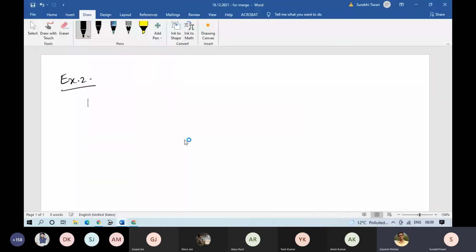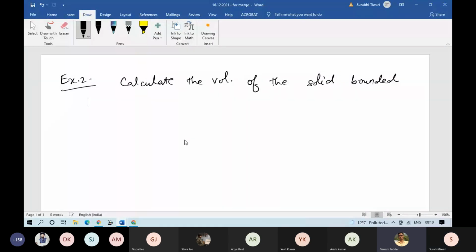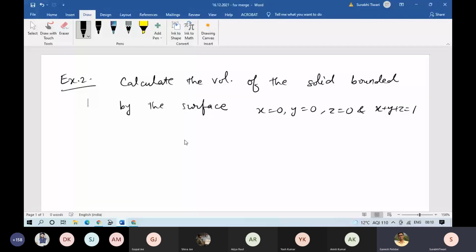The second example: calculate the volume of the solid bounded by the surfaces x is equal to 0, y is equal to 0, z is equal to 0, and x plus y plus z is equal to 1. Means all the three coordinate planes, and this plane.